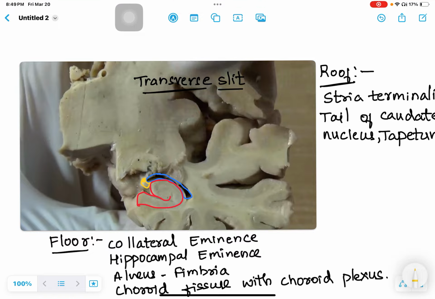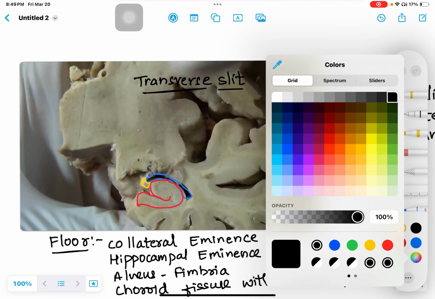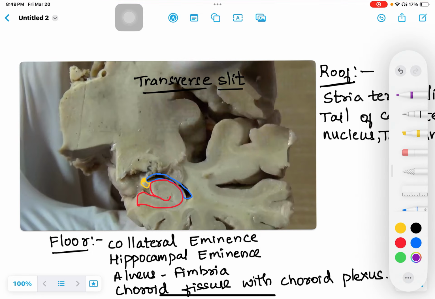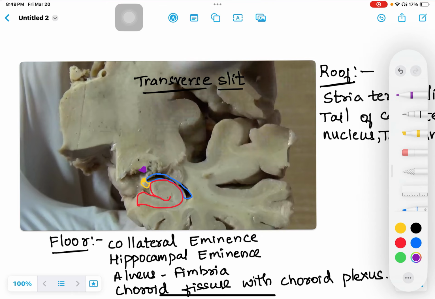So this is the fimbriae, and above that you can see some other fibers. These are the stria terminalis fibers, and then you can also see the tail of the caudate nucleus.